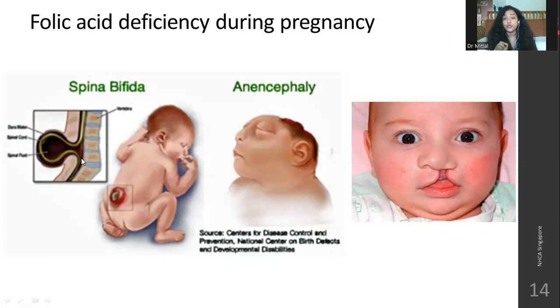So if the neural tube is not closed properly, the spinal cord which is going to form can escape from the vertebral column and it can protrude outside. This is called spina bifida. So usually in children who suffer from spina bifida, the lower extremities are not functional, in varying degree, depending upon the protrusion of the spina bifida, or the area of the vertebral column affected.